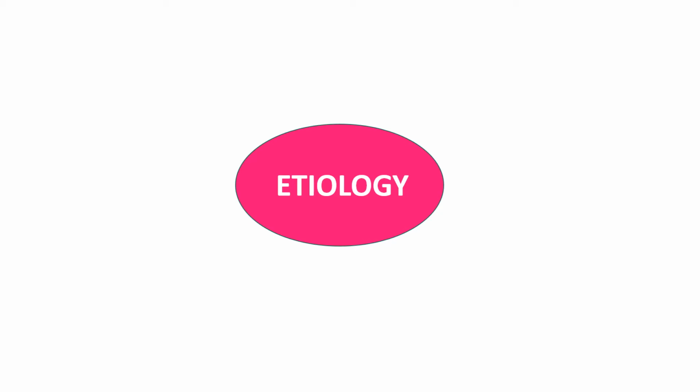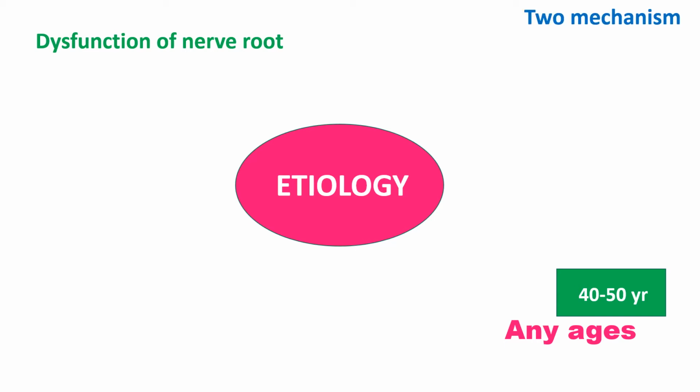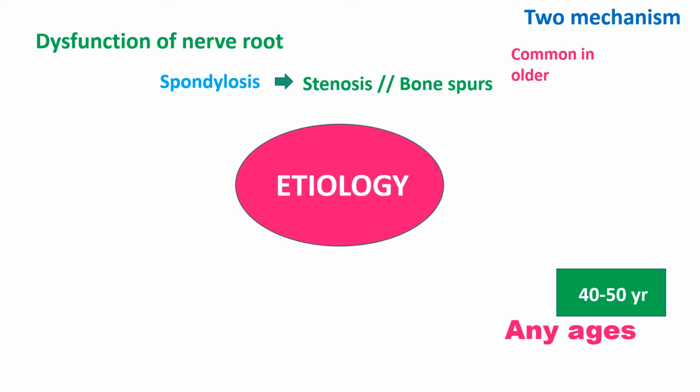Now I will tell you about the etiology. Cervical radiculopathy is a dysfunction of the nerve root in the cervical spine. It can affect people of any age and is most prominent between 40 and 50 years of age. Two mechanisms of nerve root impingement are there. First is spondylosis leading to stenosis and bone spur formation, which is common in older patients.